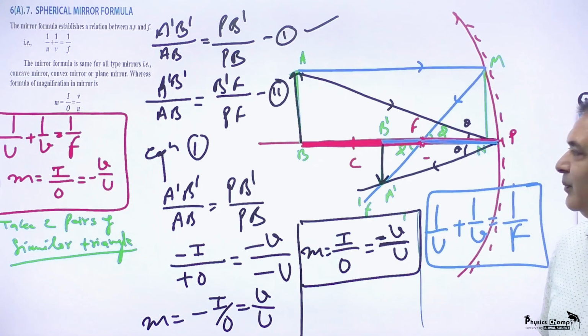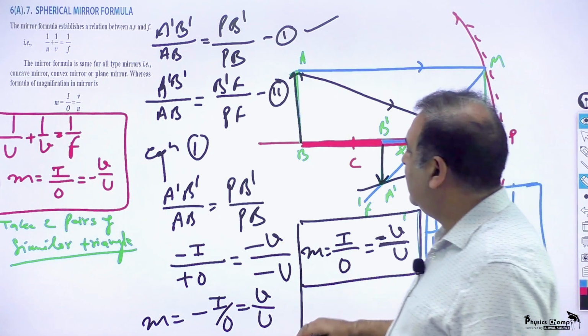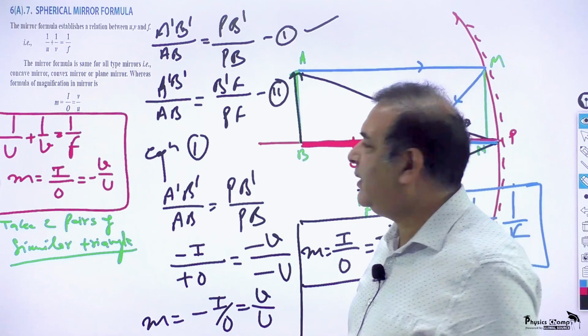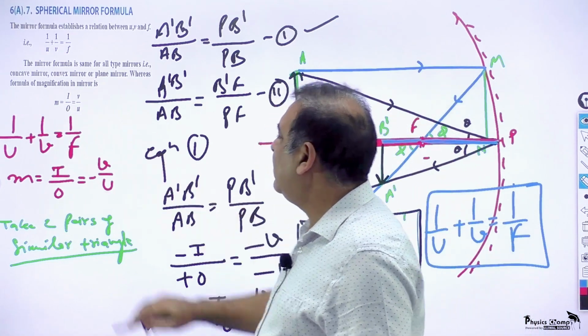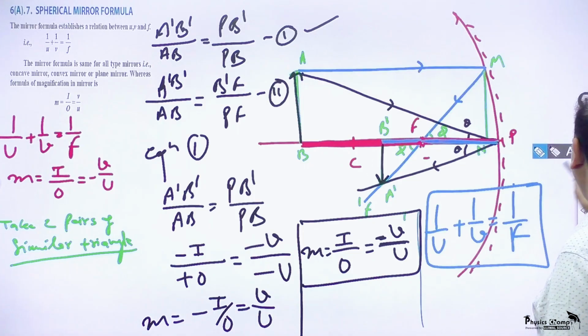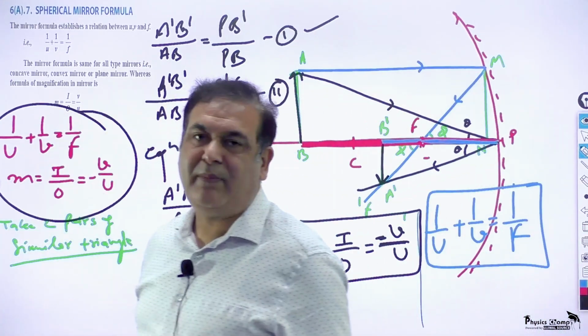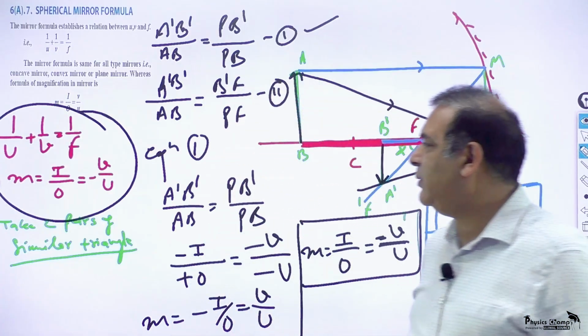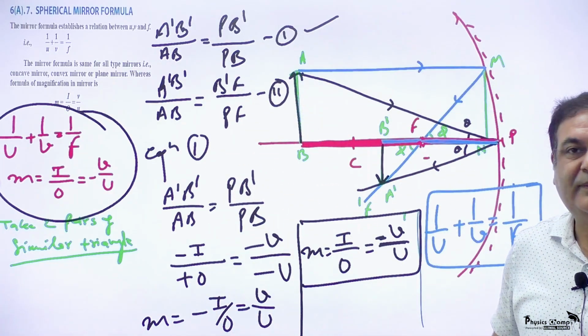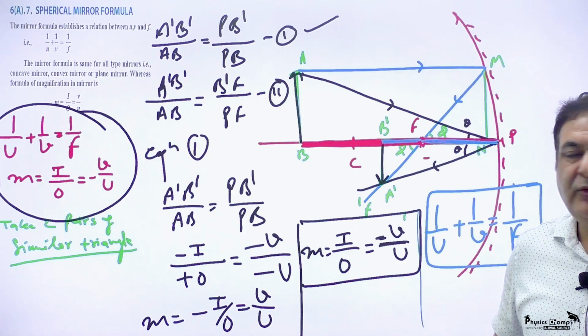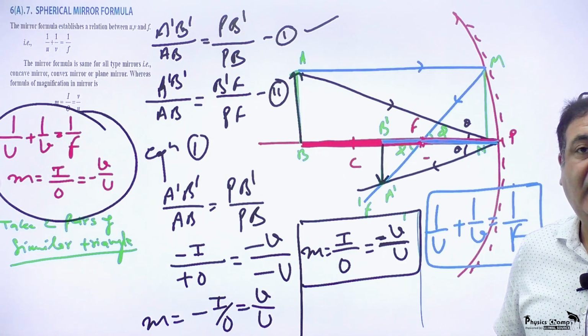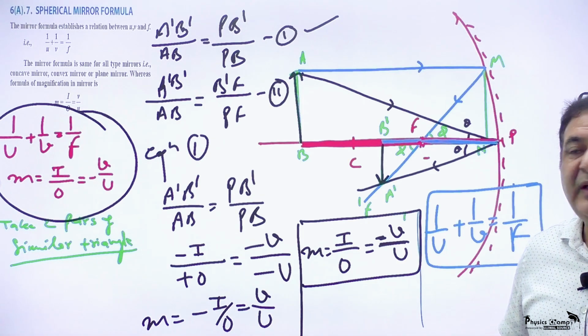So as a result, what I have obtained is, in the mirrors, the relation 1 by U plus 1 by V is equal to 1 by F, and also magnification I by O is equal to minus V by U. So you could prove the mirror formula, and it was the mirror formula in case of a concave mirror.